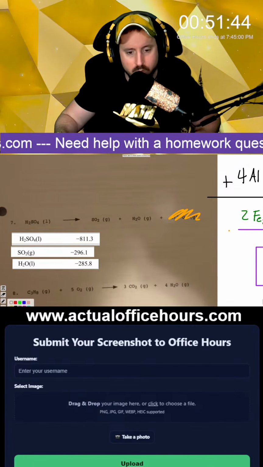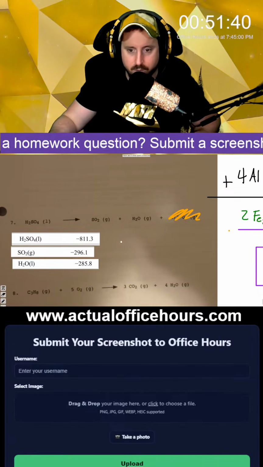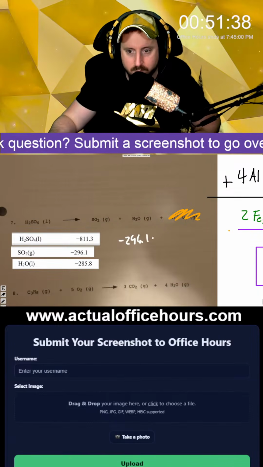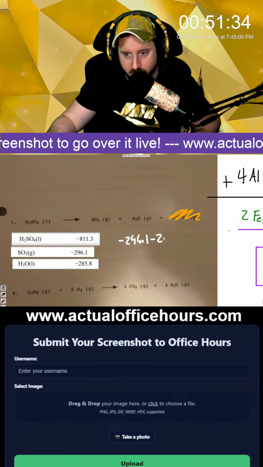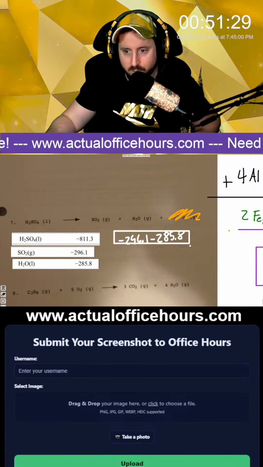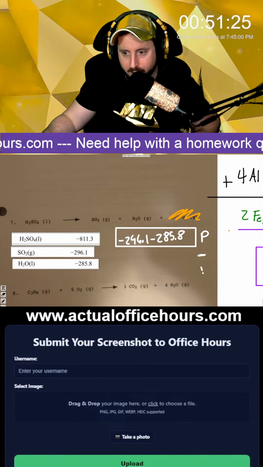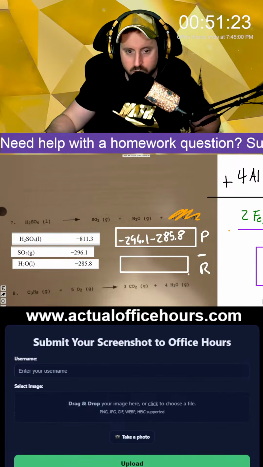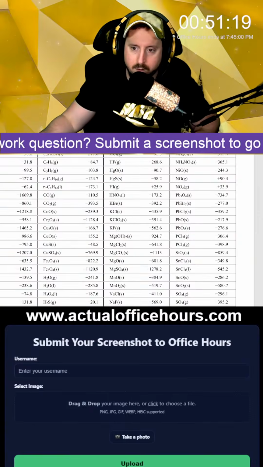Okay. So this is just products minus reactants. So I think you just add these two up. So I think it's negative 296.1 plus, or minus in this case, minus 285.8. So this is the products. And then you subtract that from the reactants, which would just be negative 811.3.